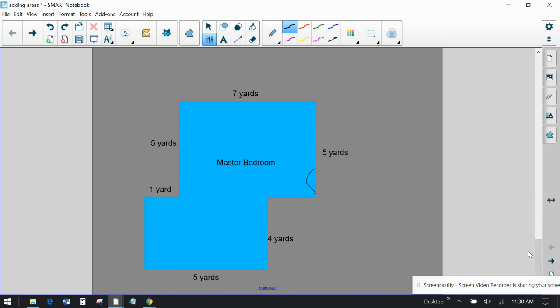Finally, you might get a room that you could divide up into 3 rectangles and find the area. Actually, the easiest way to do this one is this is just 2 that are kind of staggered. So if you do 7 times 5 is 35 square yards. And then over here we know 4 and 5.